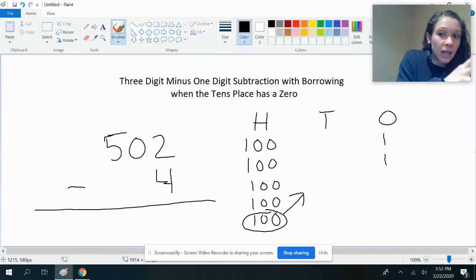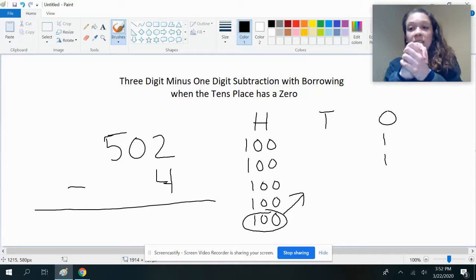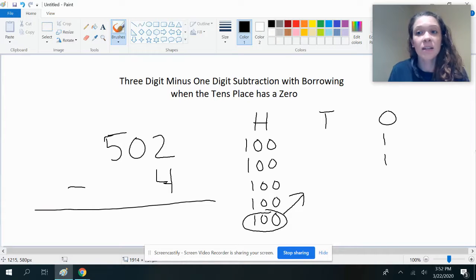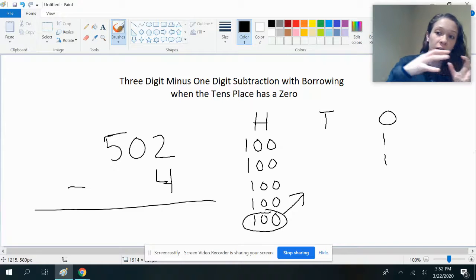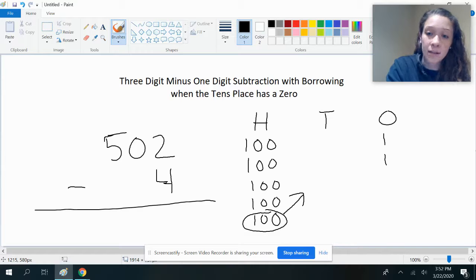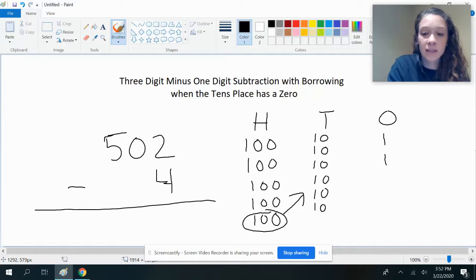So that means if I'm taking 100 from the hundreds place, moving it to the tens, that means I need to break it up into 10 tens. And this is how I'm going to show that. So I circled that 100, showed that I was bringing it over with my arrow. Now I can write 10 tens. So 1, 2, 3, 4, 5, 6, 7, 8.